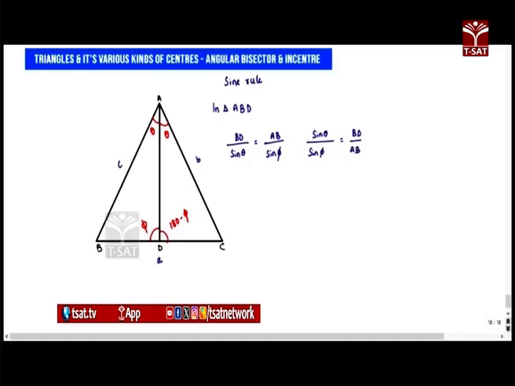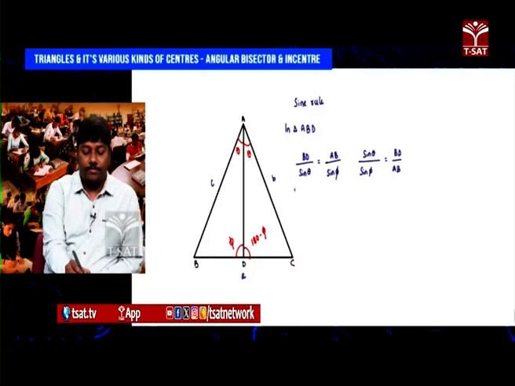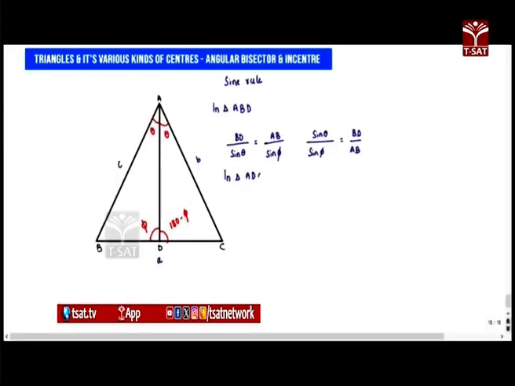Now look at the triangle ADC. In triangle ADC also, the side opposite to angle theta is DC. So DC by sin theta is equal to AC by sin of 180 minus phi, the side opposite to that being AC.